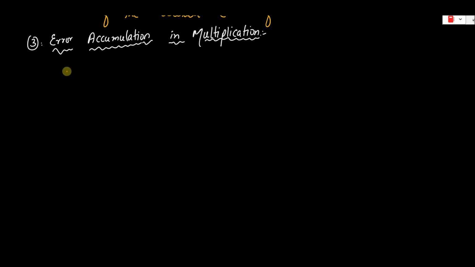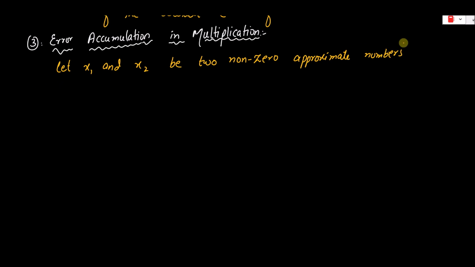So here in this case, we are going to let x1 and x2 be two non-zero approximate numbers and y be their product.